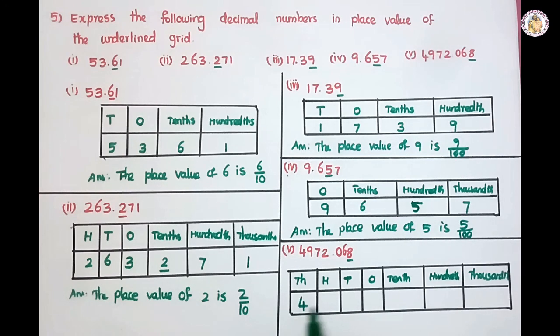Now 4972.068. Which one is the underlined number? That is 8. So that is in the thousandth place. So the answer, the place value of 8 is 8 by 1000. That is the answer.